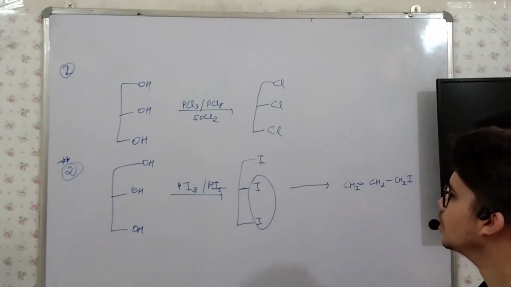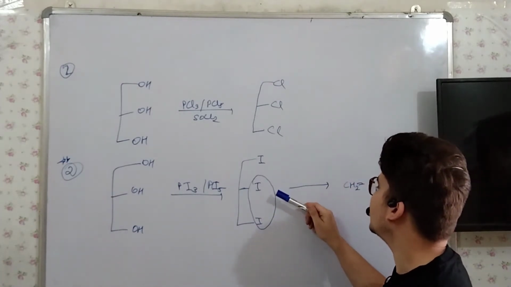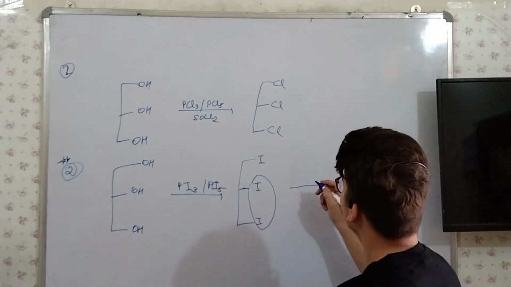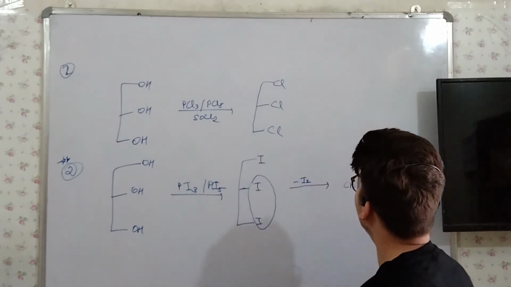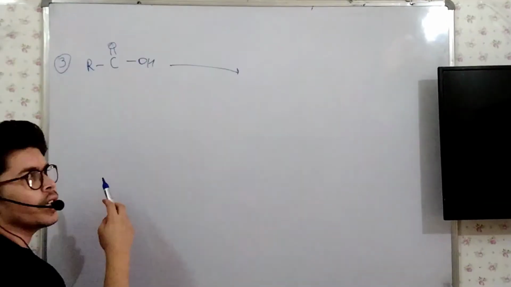This is the final product. So we have to remember: whenever 2 iodines are present on neighboring carbons, they will be removed as I2, because iodine is big and hinders the position, and an alkene is formed.